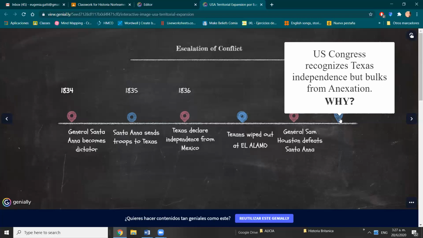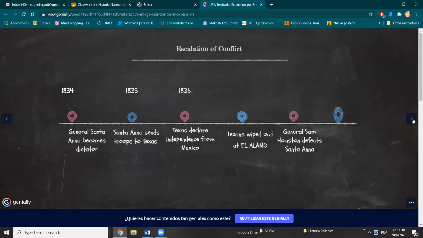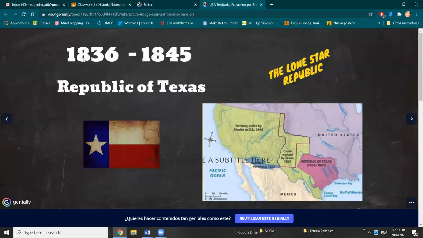And finally, well, the vote, they never got the votes. The people in the South, who were the ones who were pro-annexation, they never got the votes. So annexation was rejected, and Texas becomes, in 1836, the Republic of Texas.